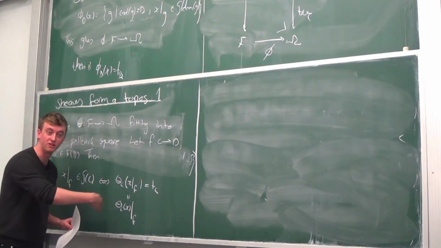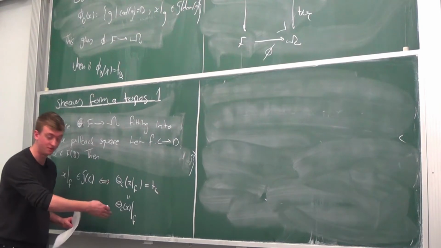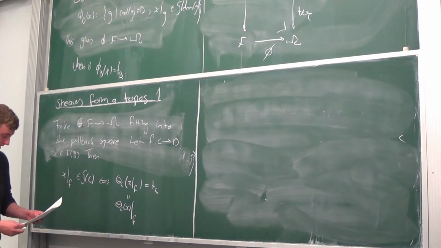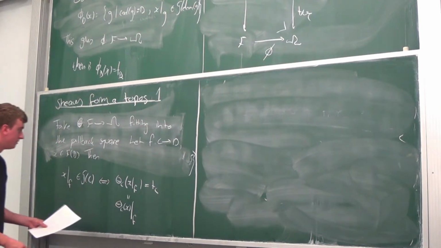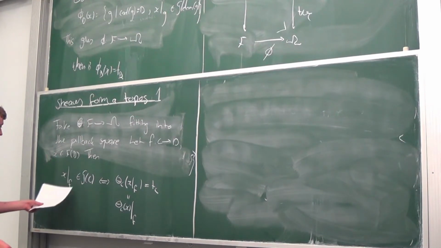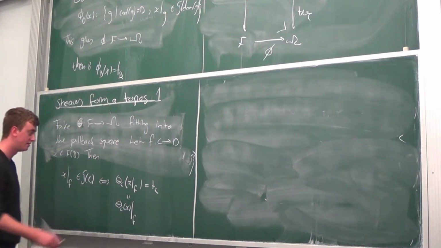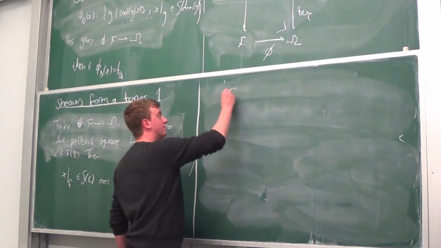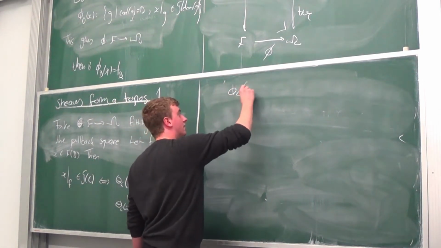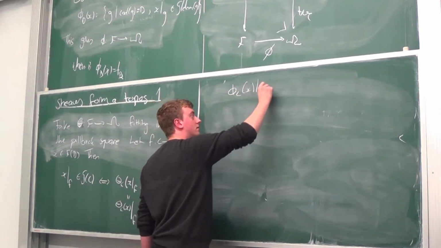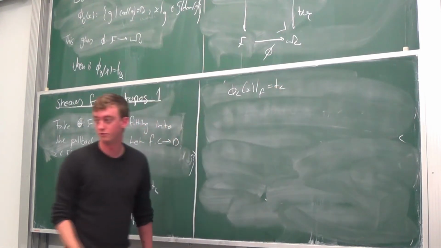Now this is a presheaf structure on sieves. And this then means that because this is in here, if and only if theta c x also holds.